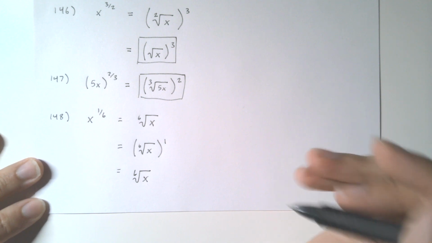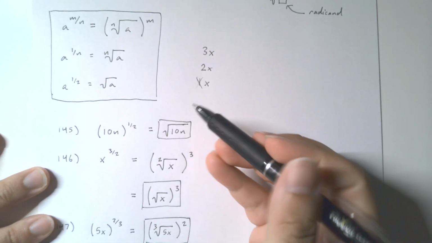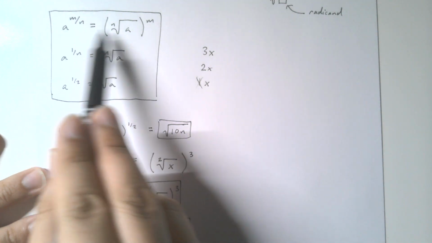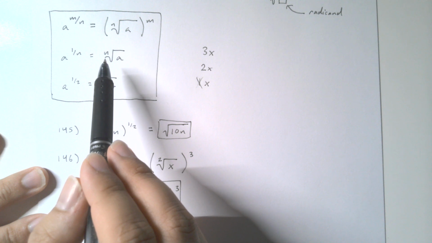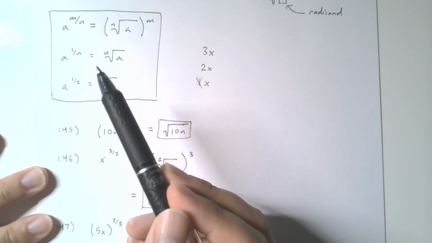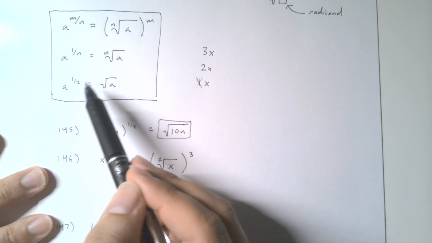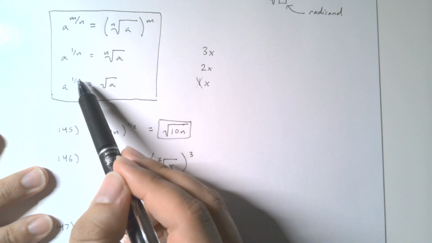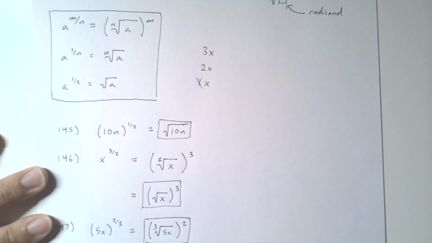It's just an extra step, but if there's any property from here that you remember, it would be definitely this one that you should take away from this video. And then just knowing that anything to the power of 1 is itself, so it can be reduced or simplified into this form. And then if n happens to be 2, then you don't need to write the 2 here, and it's just the square root of a.